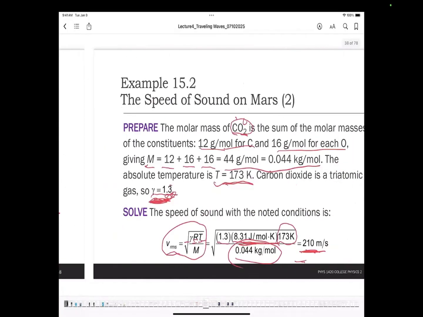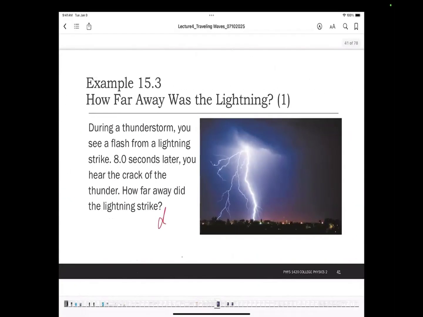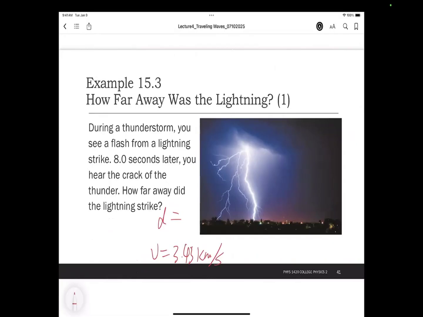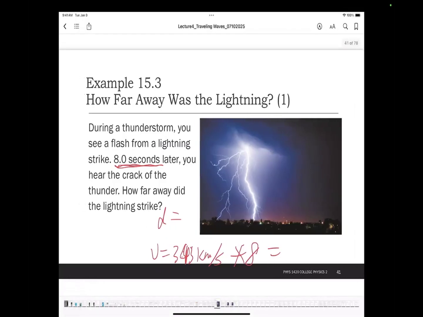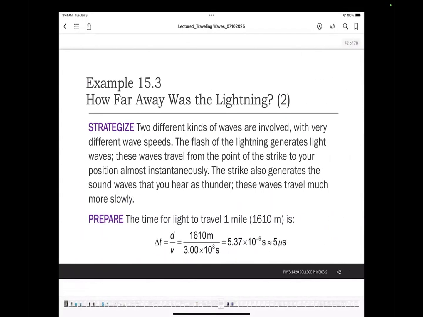So you can use that value to calculate this, which means here the sound has this velocity, 343, and then it has already traveled 8 seconds, which means multiply by 8, and then you can get the distance, how far away the lightning struck.